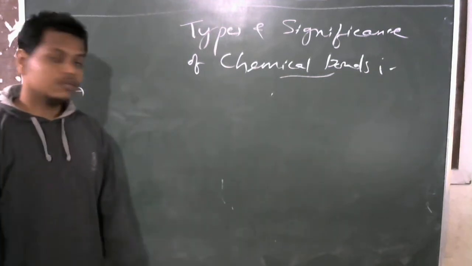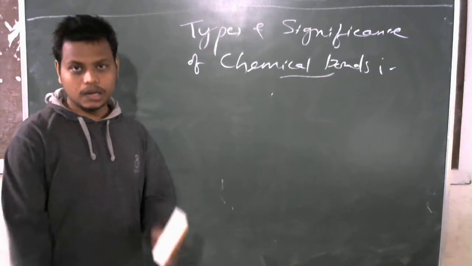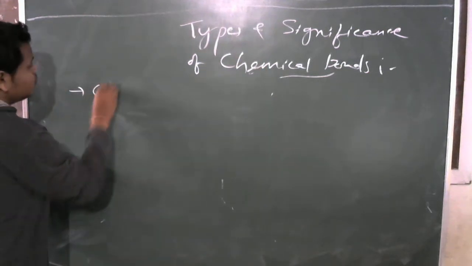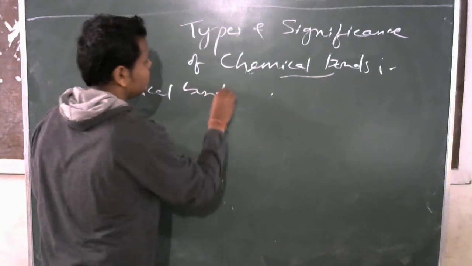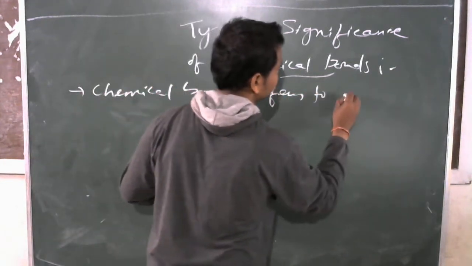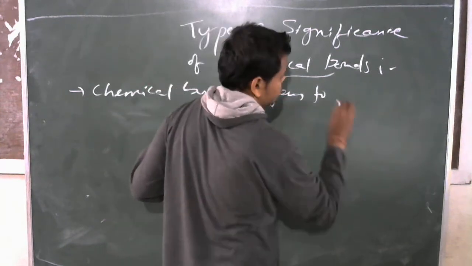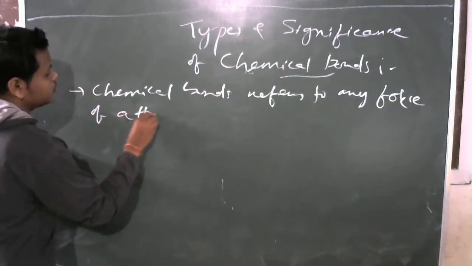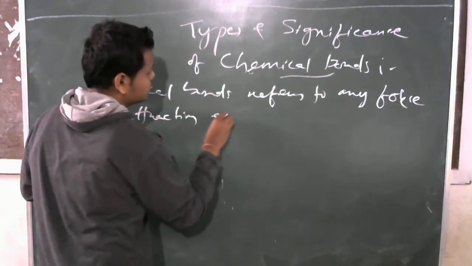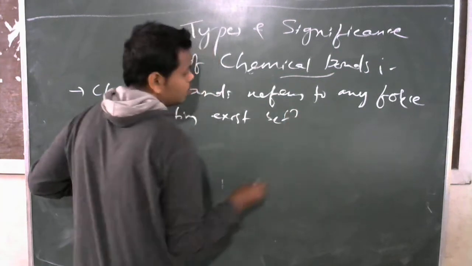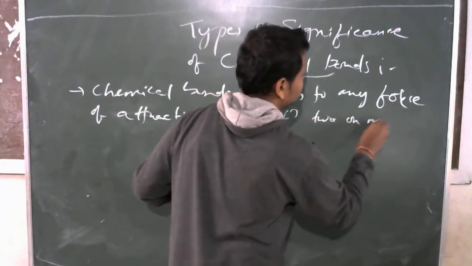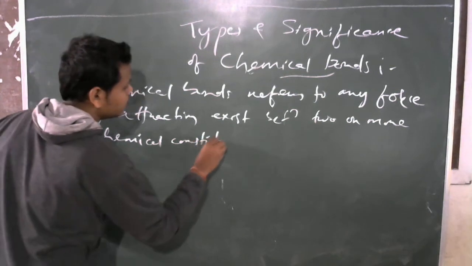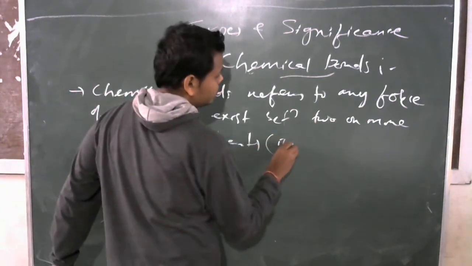Chemical bonds are nothing but a force of attraction between any two chemical constituents, that may be ions or atoms. A chemical bond refers to a force of attraction that exists between two or more chemical constituents, that may be any ions or atoms.